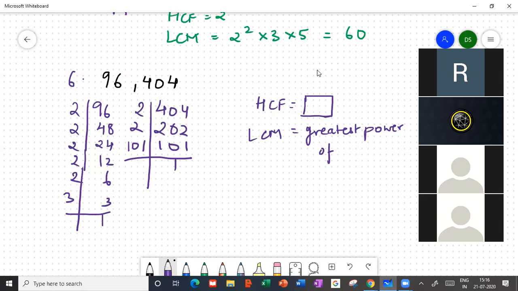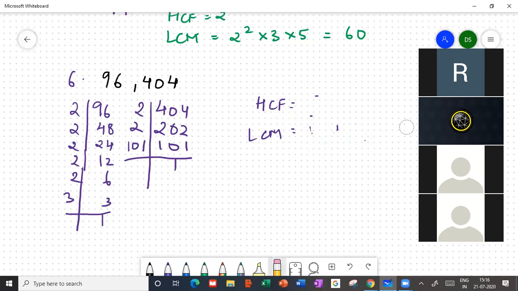So HCF, let me just write it here then. HCF will be nothing but 2 into 2, since only this is common in both.